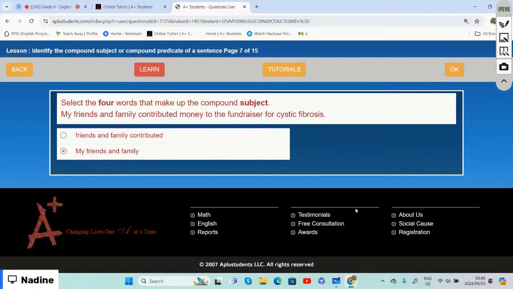And if we select the compound subject, which is only those four words, then we say my friends and family.